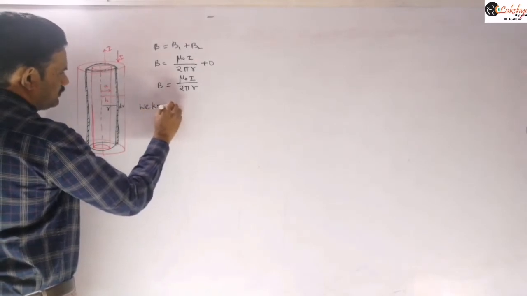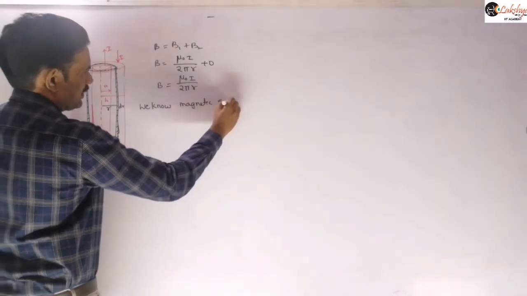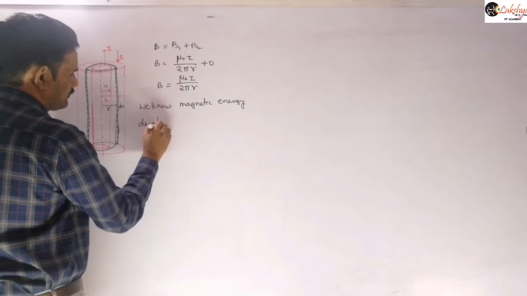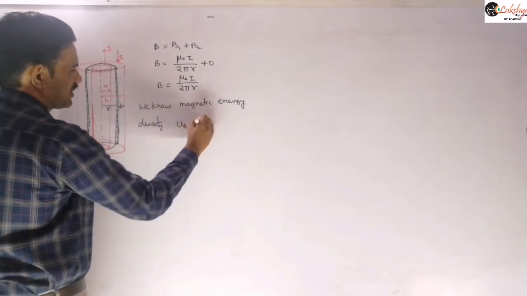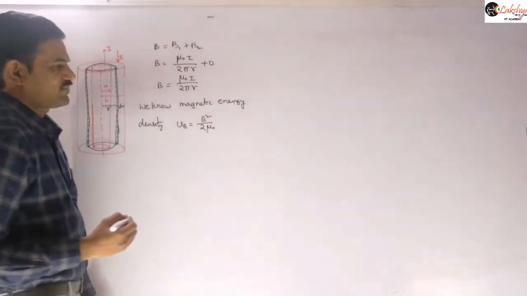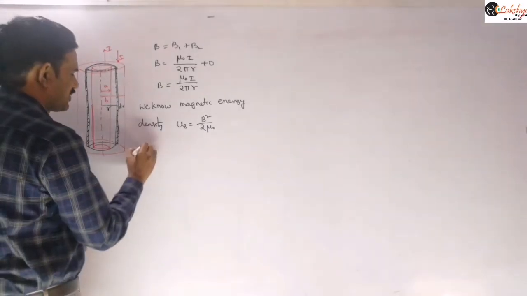We know magnetic energy density. So magnetic energy density UB is equal to B square by 2 mu naught we can write. And so now energy present in the small cylindrical element I am writing here.